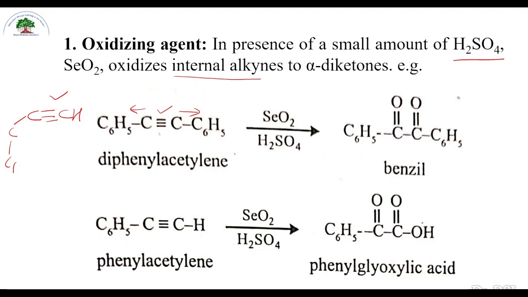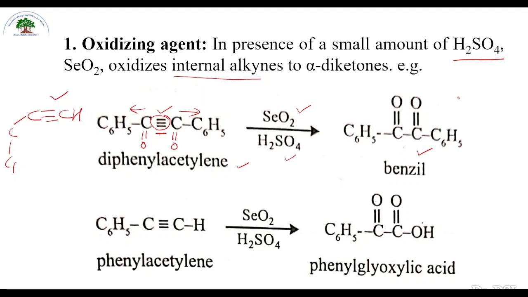So internal alkynes are oxidized to alpha diketones. Specifically at the reaction center, this triple bond is converted into a single bond, and two carbonyl carbons have been generated. Diphenyl acetylene, when treated with selenium dioxide in presence of sulfuric acid, we get benzil.